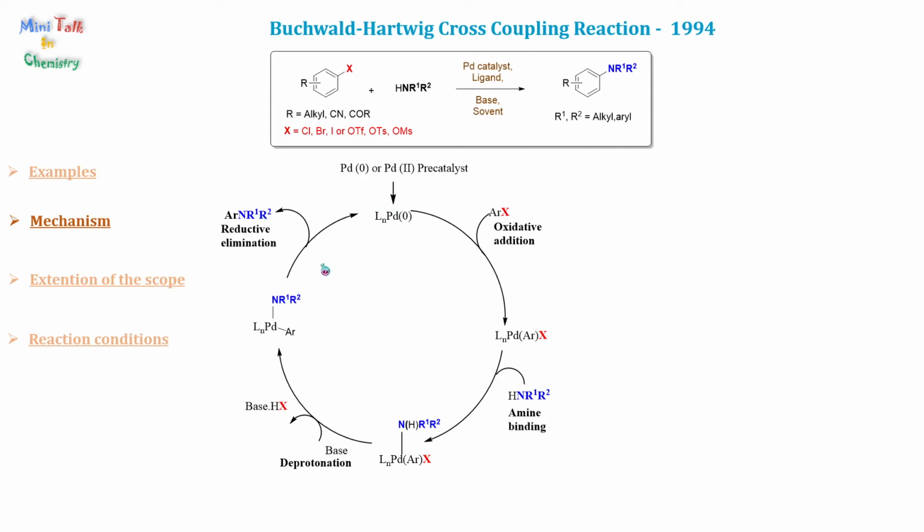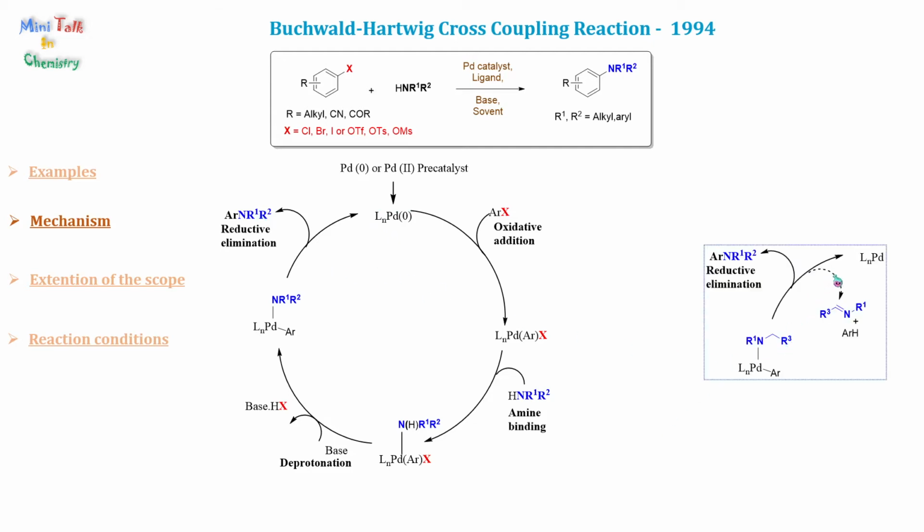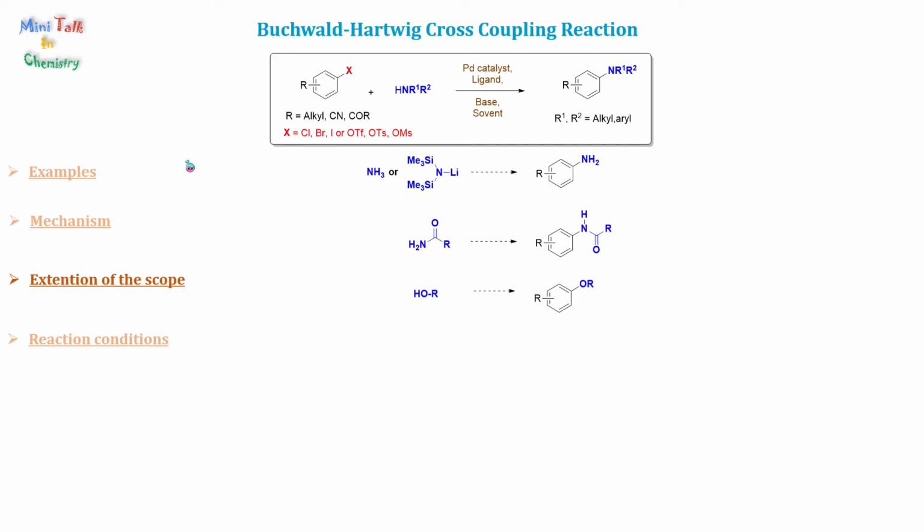In this last step, we can get undesired products such as the dehalogenated product and imine. The Buchwald-Hartwig cross-coupling reaction is used to form secondary or tertiary aryl amines, but primary aryl amines can also be formed by reaction of aryl halide with ammonia or an equivalent of ammonia like LiHMDS.